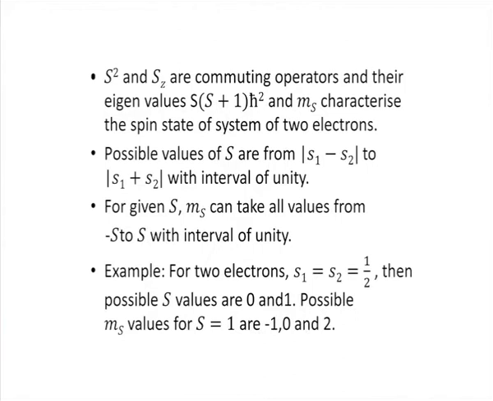For a given S, Ms takes all values from minus S to plus S with interval of unity. For example, for 2 electrons, S1 is half, S2 is half. So, the possible S values are 0 and 1 only, and possible Ms values for S is equal to 1 are minus 1, 0 and 1.